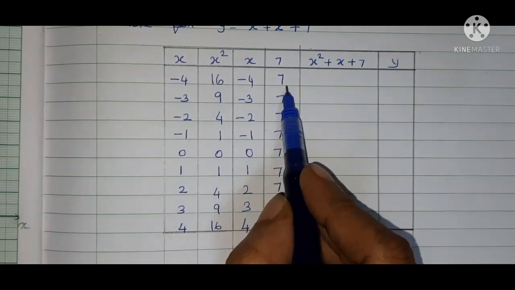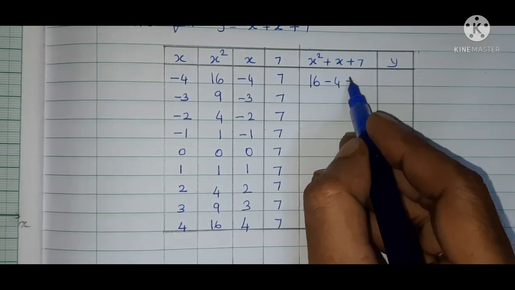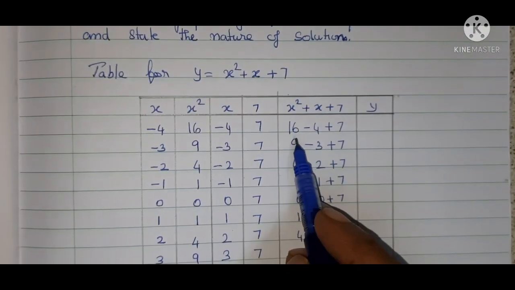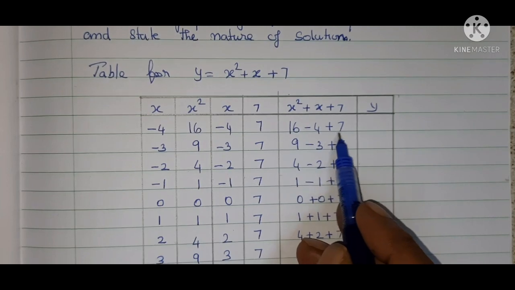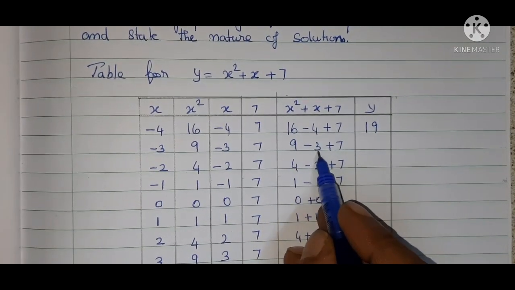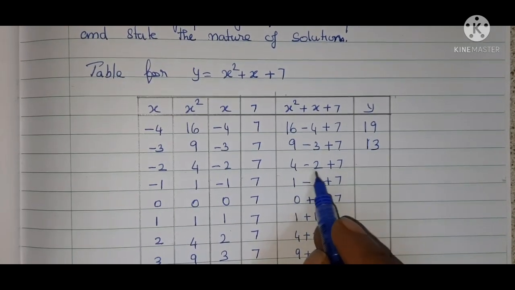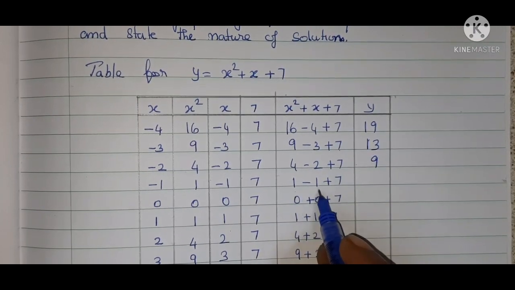Add the three columns. 16 minus 4 plus 7. 16 minus 4, 12. 12 plus 7, 19. 9 minus 3, 6. 6 plus 7, 13. 4 minus 2, 2. 2 plus 7, 9. 1 minus 1, 0.